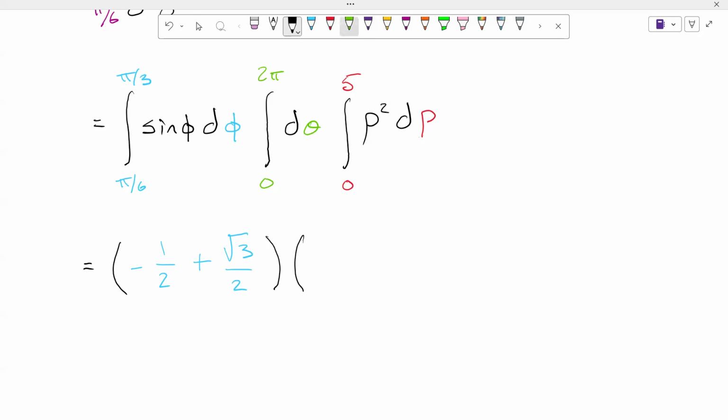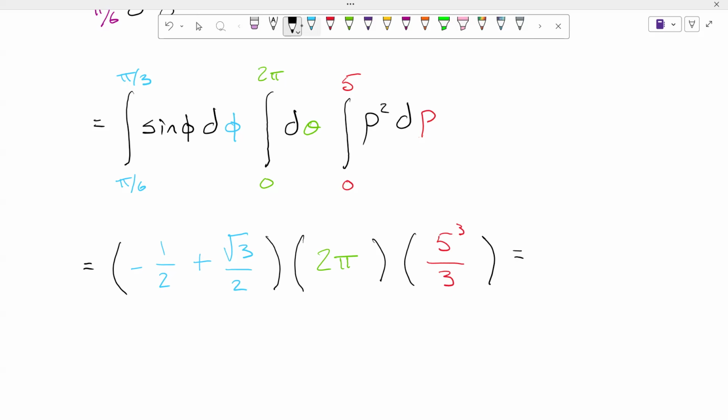The rest of it, significantly easier. Integral of d theta from 0 to 2 pi is just 2 pi. And if I'm evaluating rho squared d rho, that integral from 0 to 5, that thing is going to be 5 cubed over 3 minus 0 cubed over 3. I won't write that part in. But then this thing can simplify if you want it to.